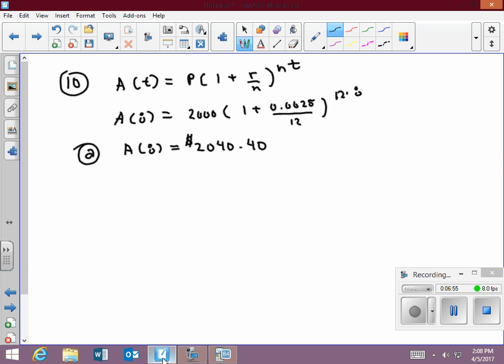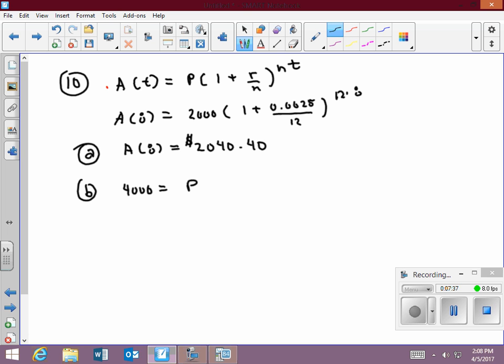It says solve the equation if A of t is 4,000, find t. So for B, I'm looking at this formula right back up here. And it says A of t is 4,000, so I put 4,000 in there. Solve the equation 4,000 for t.